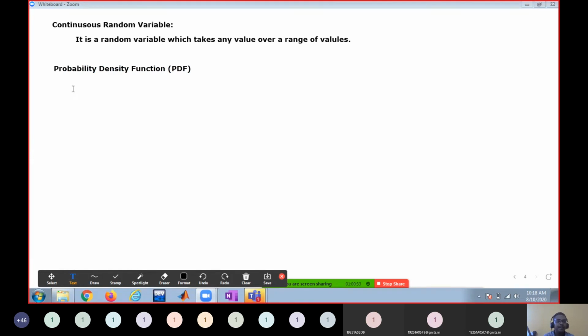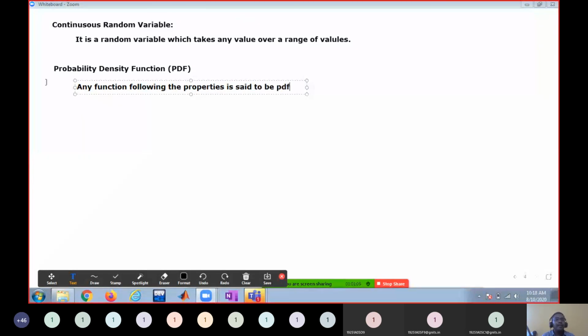Any function satisfying the following properties or conditions is said to be a PDF.